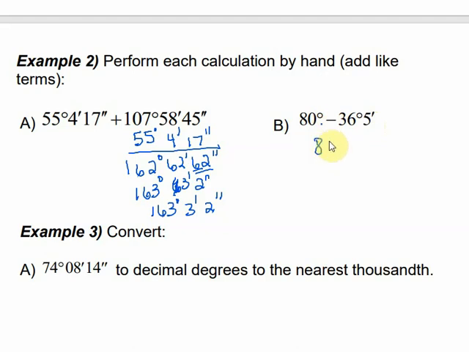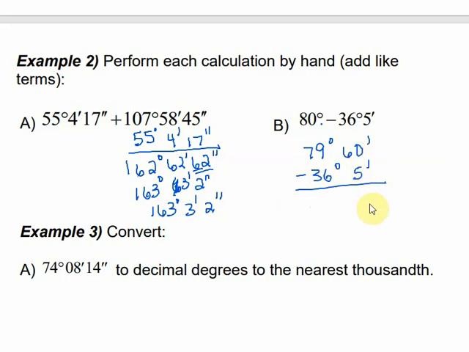If I write this as 80 degrees and 0 minutes, I can't subtract 5 from 0 minutes. So I'm going to have to borrow 1 from the 80 degrees, and change this to 79 degrees and 60 minutes. And I'm going to subtract the 36 degrees 5 minutes.